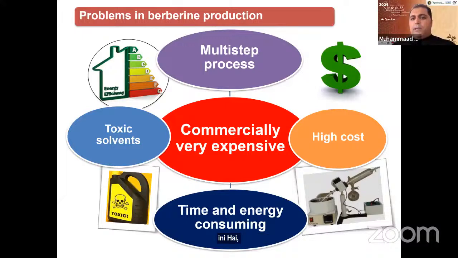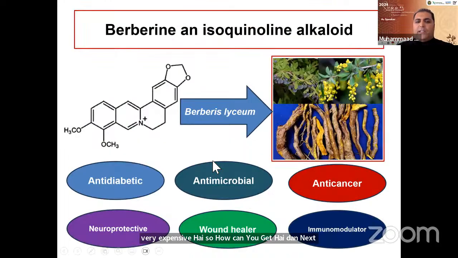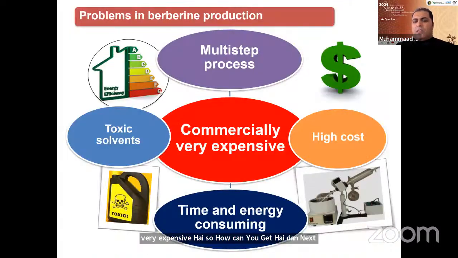So the problem with berberine is that commercially available berberine is very expensive. If you buy berberine from the market as a molecule, it is very expensive. So how can you get natural berberine? If you isolate it from the plant, the yield is very low. You cannot commercialize it.